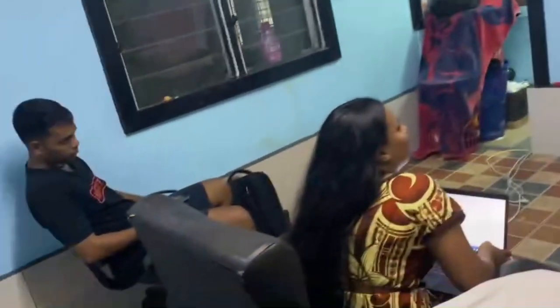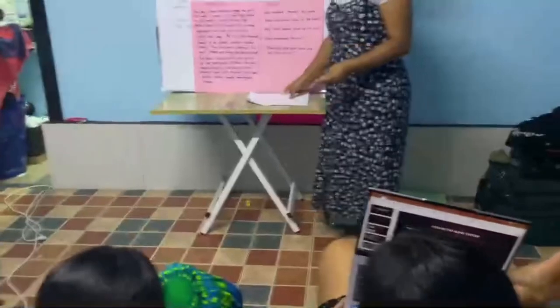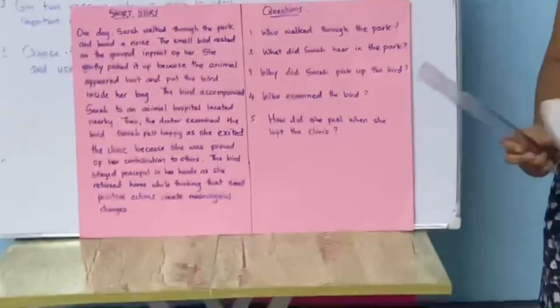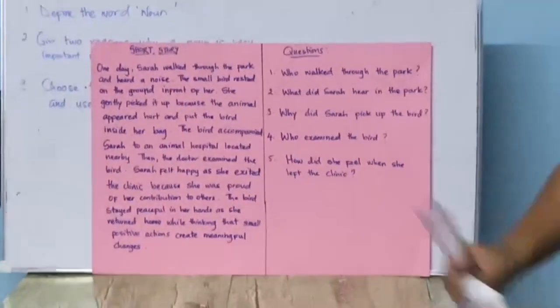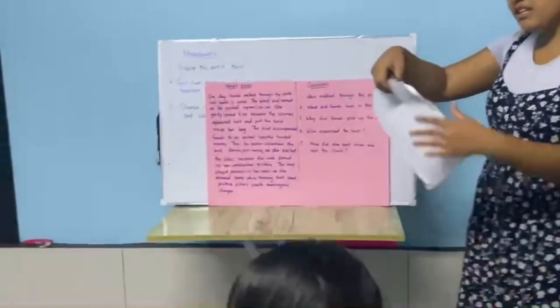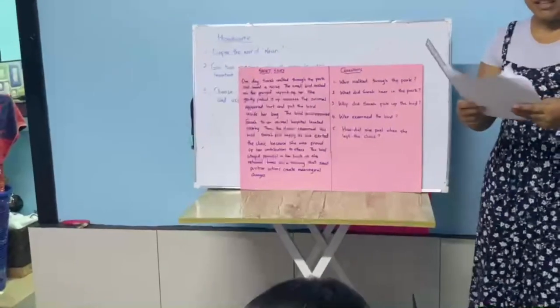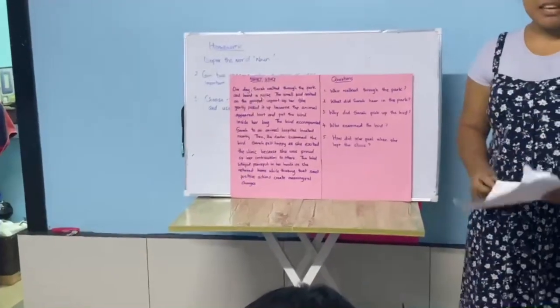So 1, 2, 3, 4. Can you 2 stand up and come? Yuko and Mahela. The first question is, can you find and mark the first noun in the sentence?